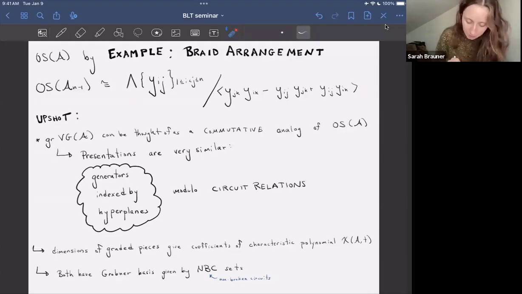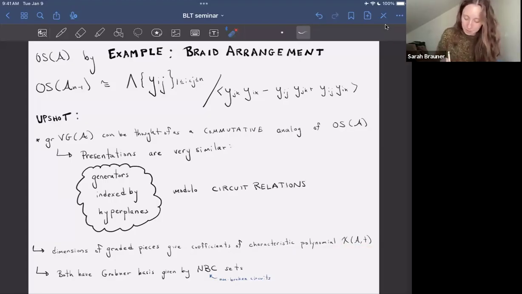And the upshot is, if you're familiar with the Orlik-Solomon algebra and less so with the Varchenko-Gelfand ring, you can think about this associated graded ring as a commutative analog of the Orlik-Solomon algebra. The presentations are like: I take generators indexed by hyperplanes and mod out by certain circuit relations. The dimensions of the graded pieces give coefficients of the characteristic polynomial in both cases.